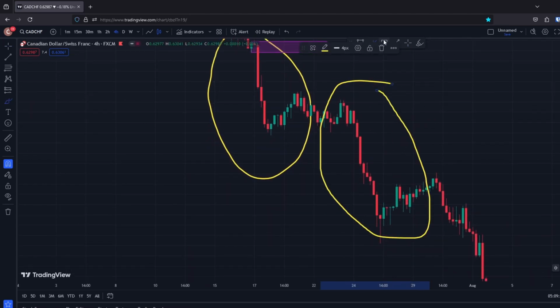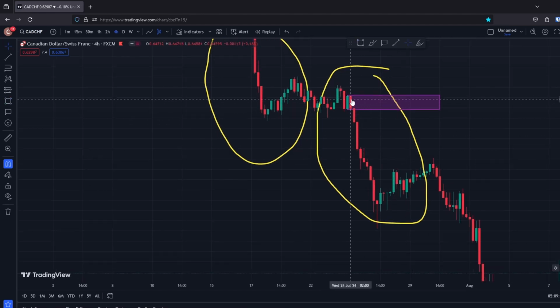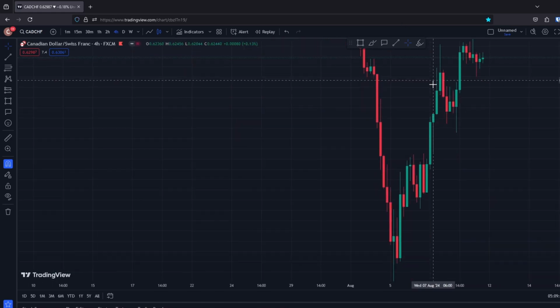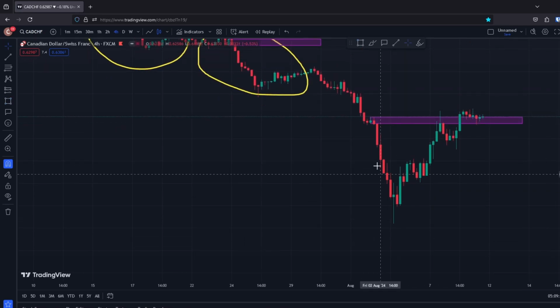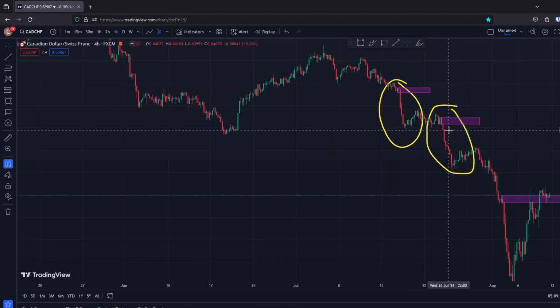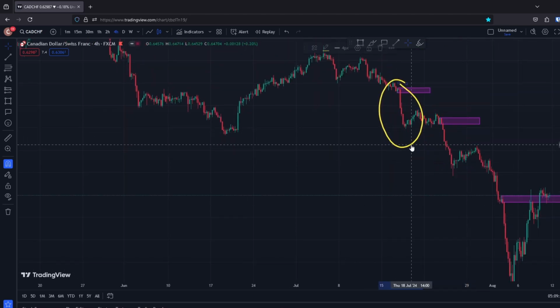The last buy before the impulsive move to the downside is the order block for this impulsive move. Now look at this impulsive move, the last buy before the impulsive move to the downside. These are actually the order blocks, just to give you the straight up answer of what they are.